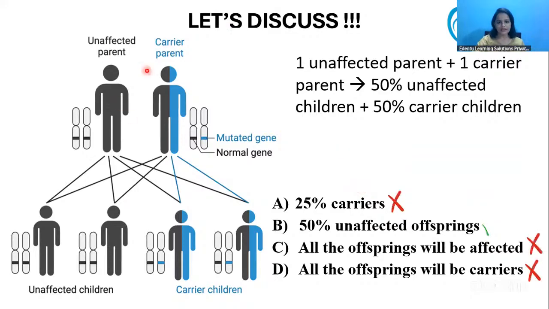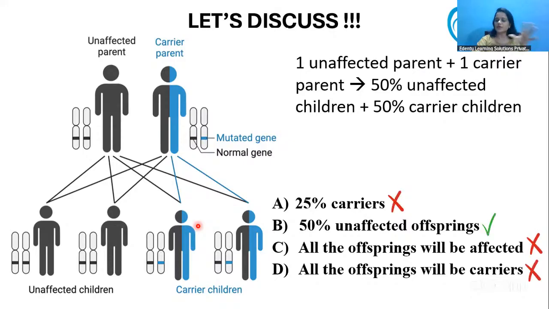If one parent is a carrier and the other one is completely unaffected, then what can happen is 50% of the children will be unaffected. Okay. 50% will be unaffected and 50% will be carriers. Okay. So, this is the general pattern of autosomal recessive inheritance if one parent is a carrier and the other one is unaffected or a normal parent.